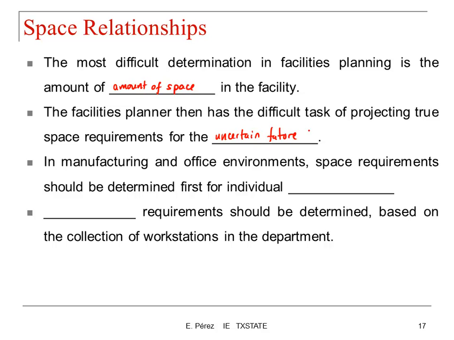In manufacturing and office environments, space requirements should be determined first for individual workstations. So, for instance, I was an intern for a bank, Scotiabank, when I was an undergrad, and we were trying to plan for a service department.